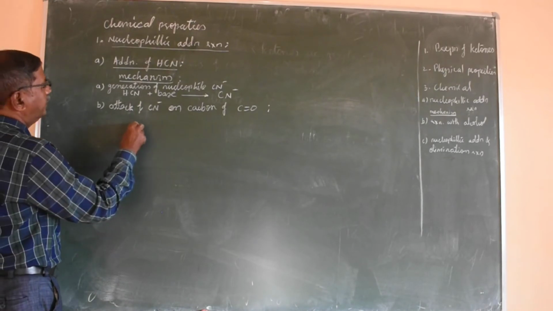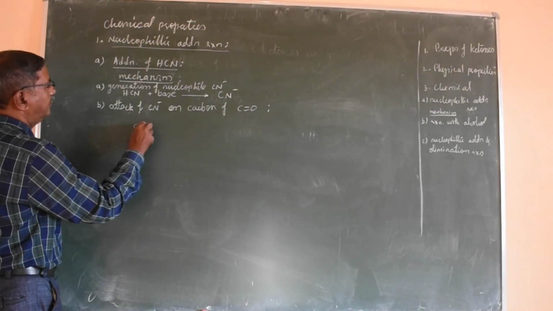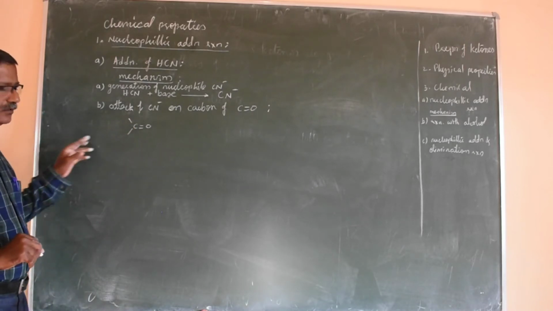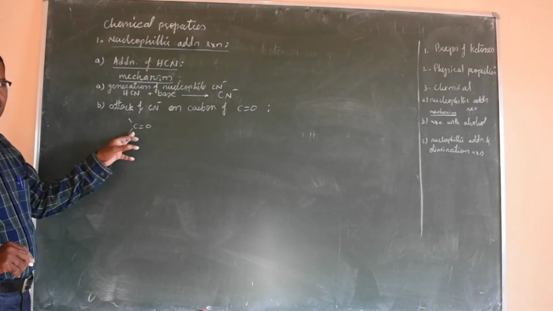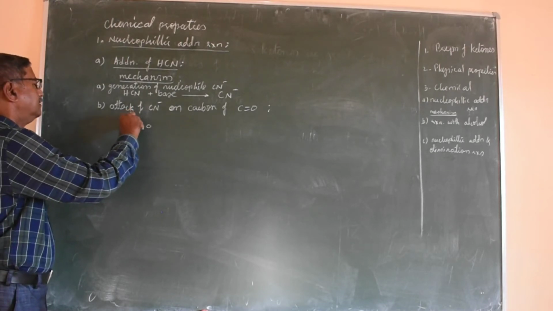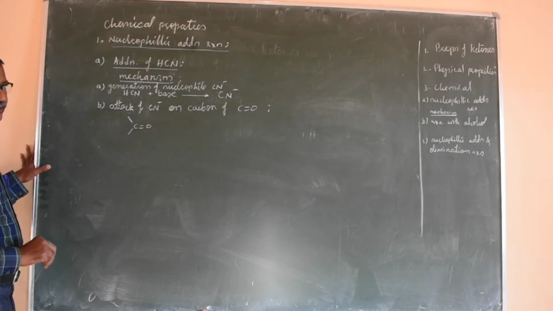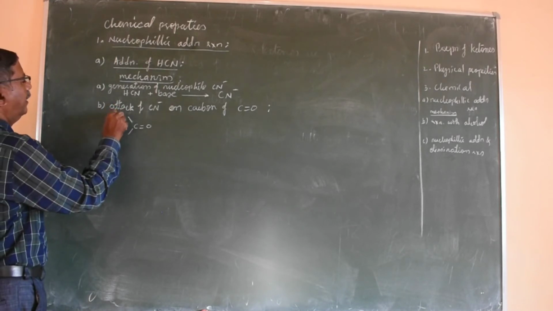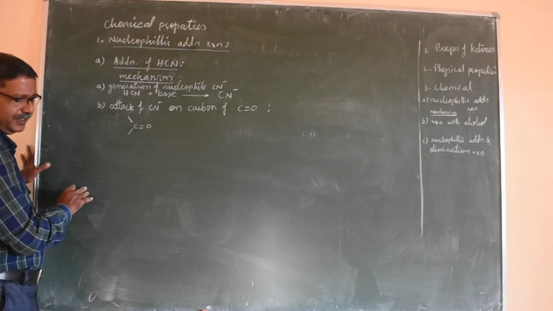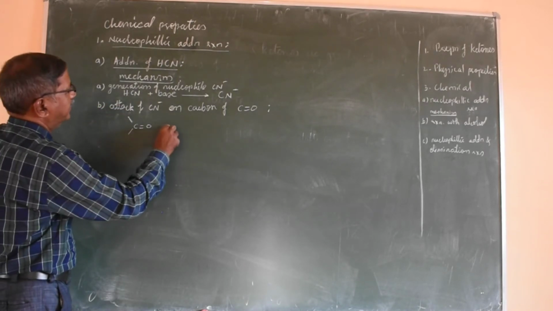So we have two more valencies for this carbon. It may be hydrogen or alkyl or aryl. So I am writing a simple aldehyde, RH. Or, without writing RH also, we can show the mechanism.